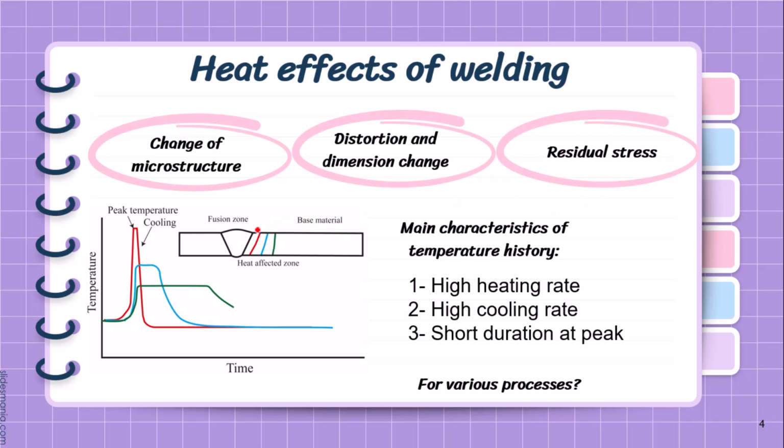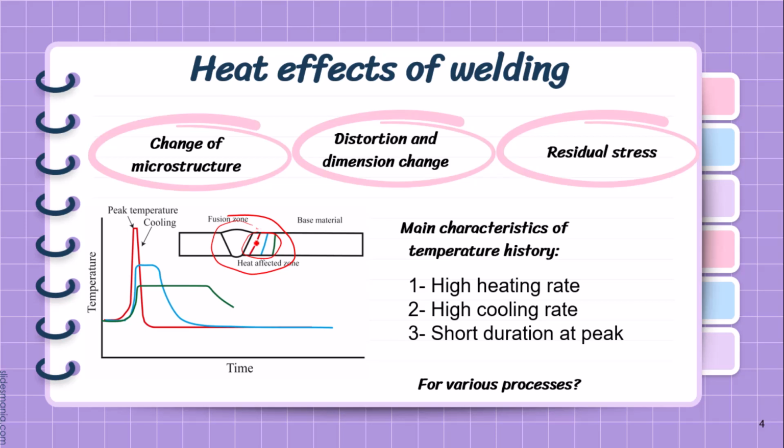Residual stress we have concern especially near to the welding region here, and the distortion is concerned in the whole structure. And the change of the microstructure we are concerned mainly close to the fusion zone.